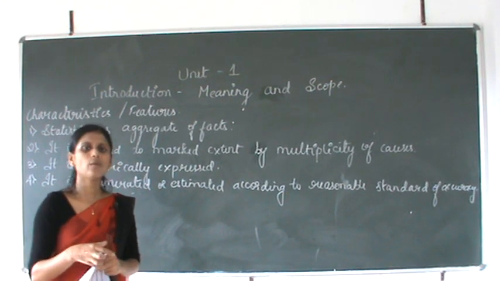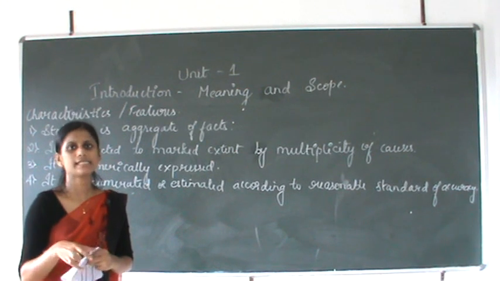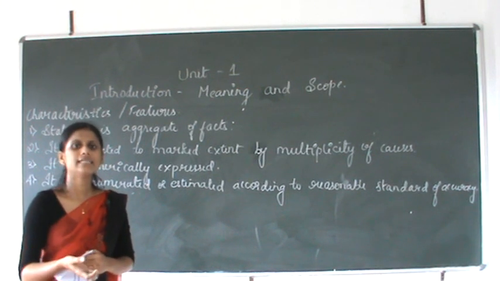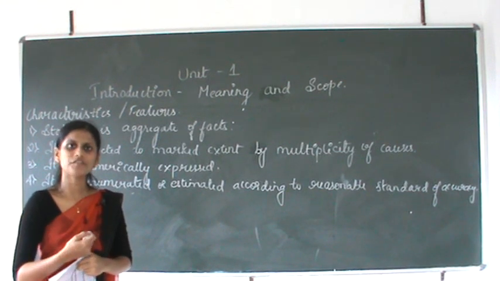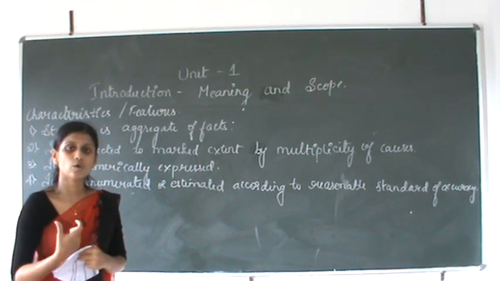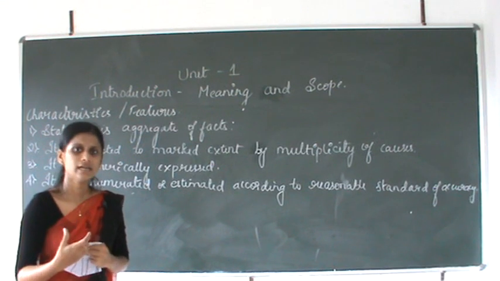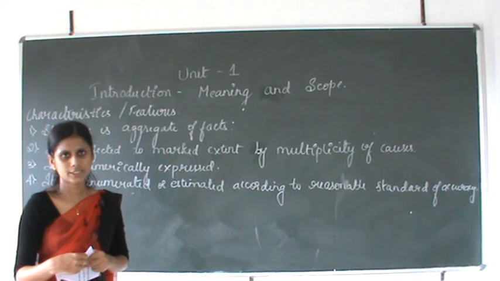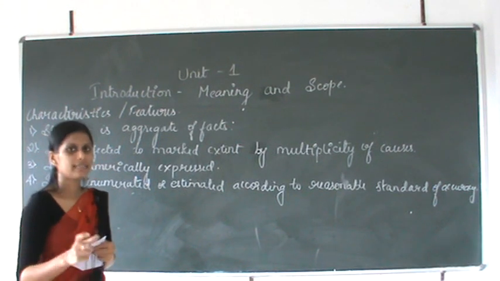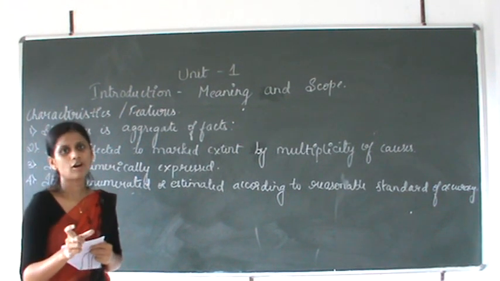Suppose the scope of the inquiry is limited, then you can collect the data by actual counting. But if the scope of inquiry is wide, then you follow the method of estimation. When you estimate, the value will not be fully accurate.